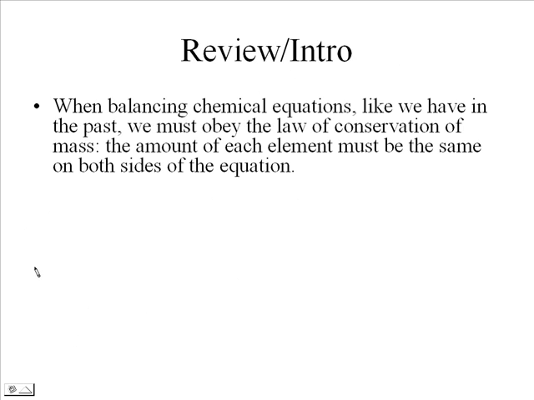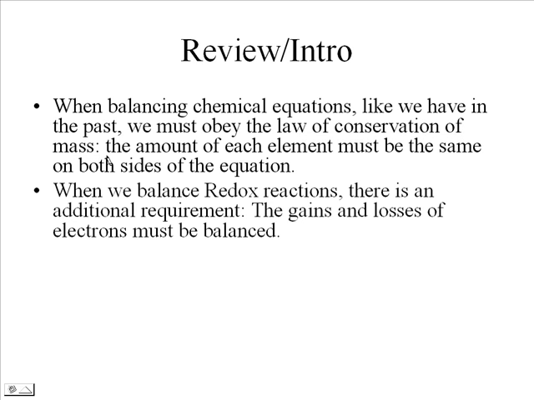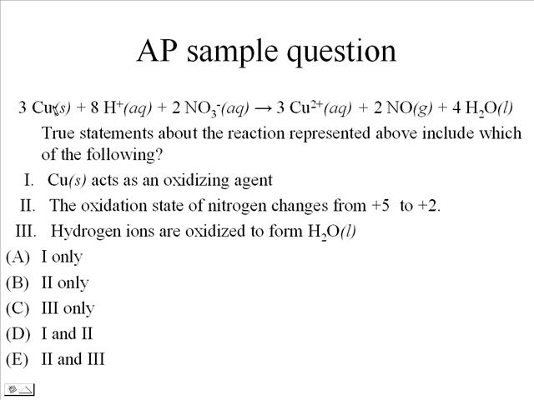Okay? So that's some information from yesterday, what you might find on your last exam. Okay, as we know, when we balance equations, we have to obey the law of conservation of mass, that the elements must be the same on both sides. But we also have to take into account when we're doing redox reactions, remember that, like for example this reaction here, the number of electrons on both sides must also be the same.